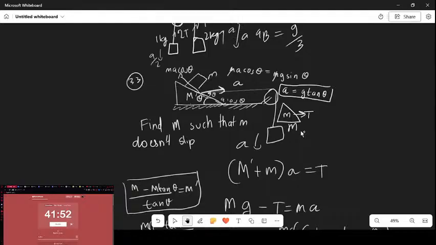I just balance the force: ma cos theta should be equal to mg sin theta. That net force should be balanced so that it will not slip. And I consider this a whole system, that is m plus m dash plus m, is equal to g. Acceleration should be equal to tension.